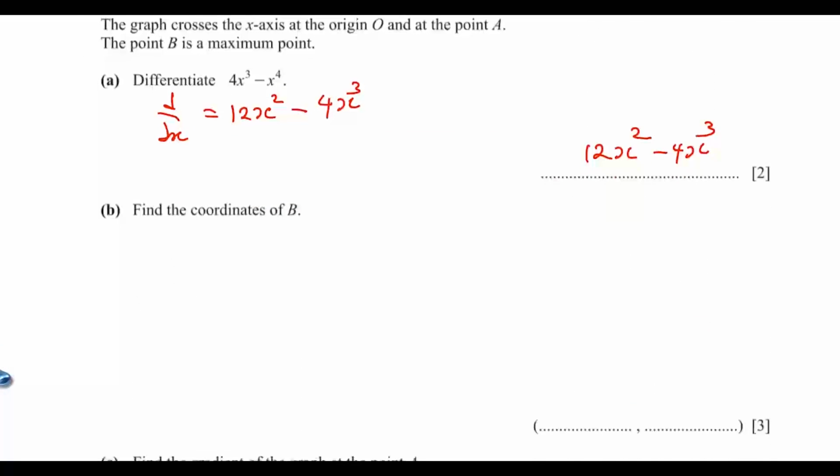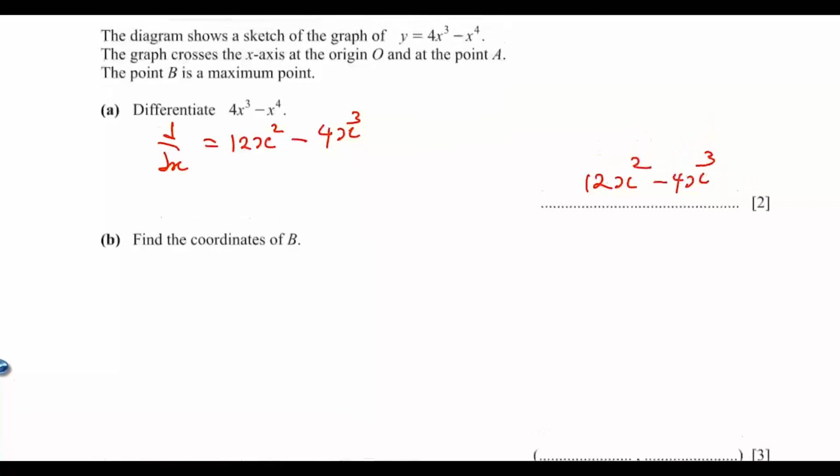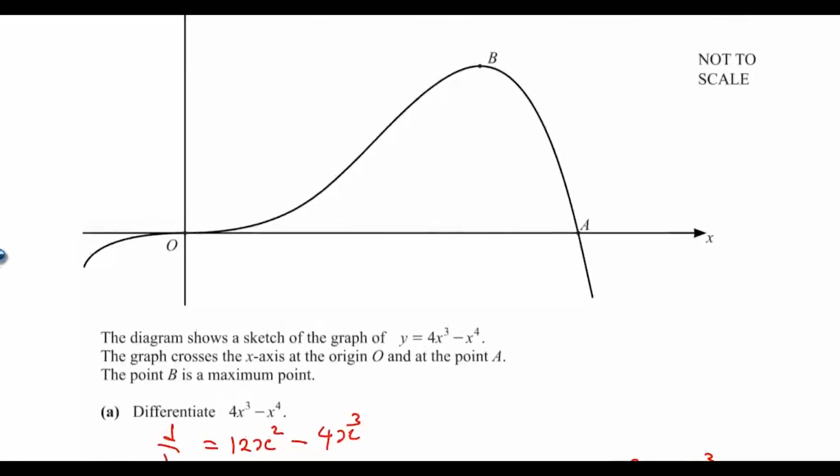Part B: find the coordinates of point B. Since this is a maximum point, we need to get the stationary point. B is a stationary point, and at the stationary point dy/dx is equal to 0.